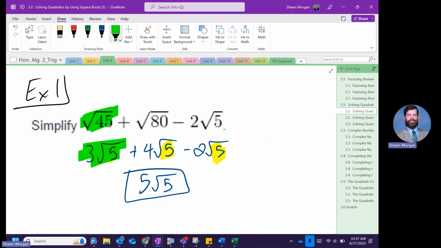You need to be comfortable going from radical 45 to 3 radical 5 without a whole lot of pomp and circumstance. Be able to simplify your radicals. Now, sadly, our nice $150 calculators won't do that for us. The internet will, I know, but I want you to be able to do that in your brains.